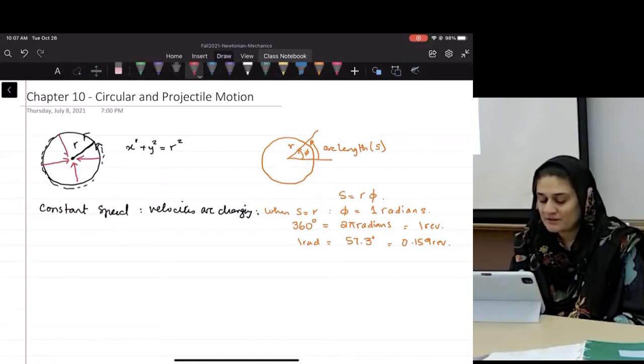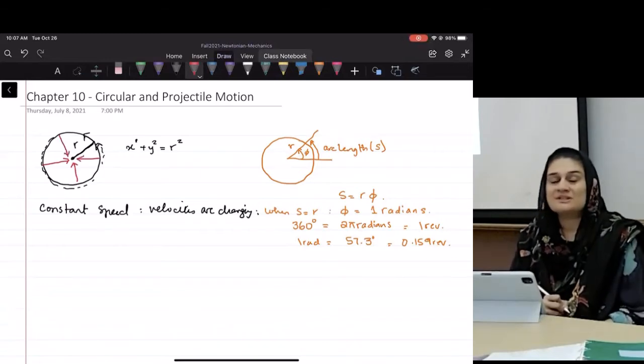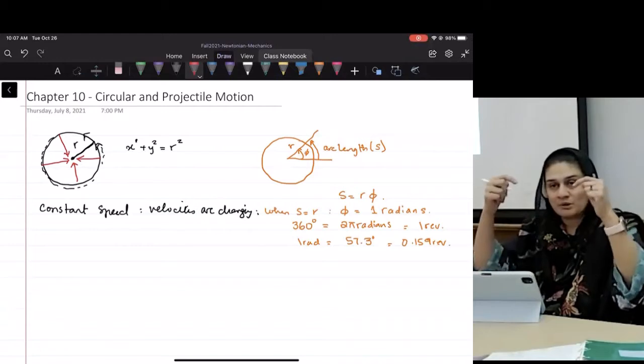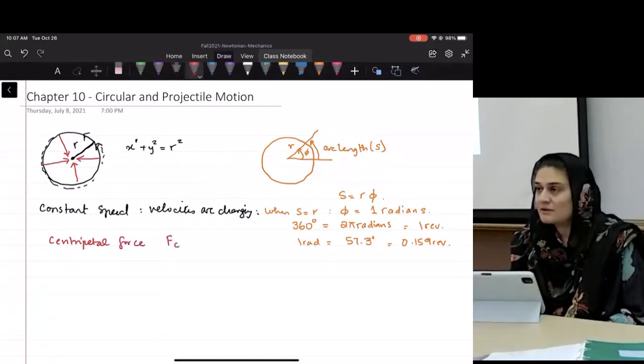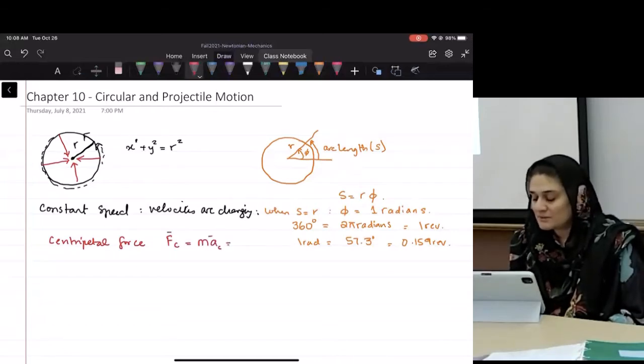One will be center-seeking forces that go inwards, which correspond to centripetal force, Fc, which equals m a_c, which equals mv squared over r.